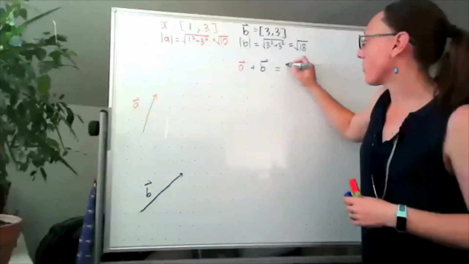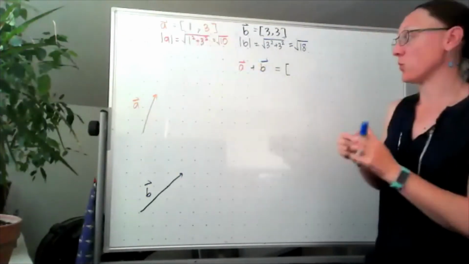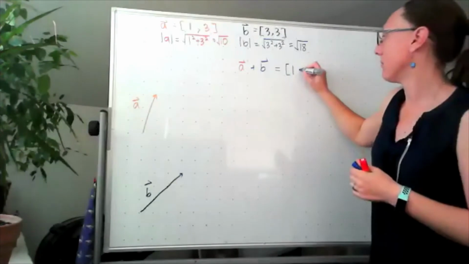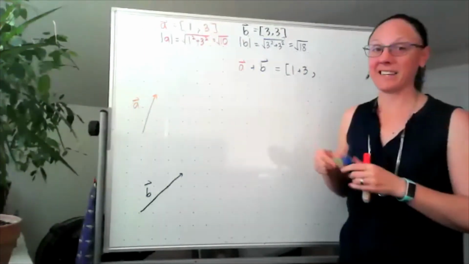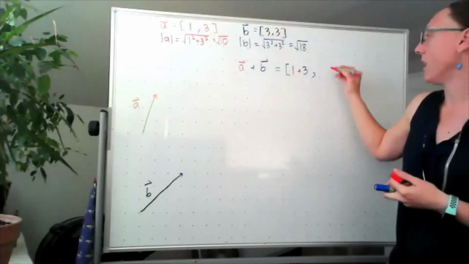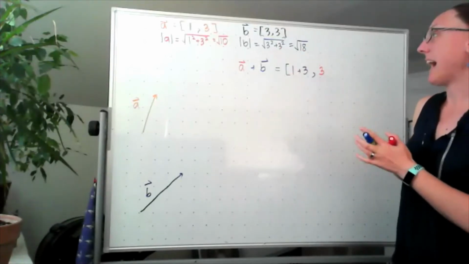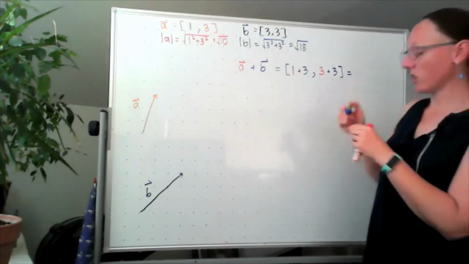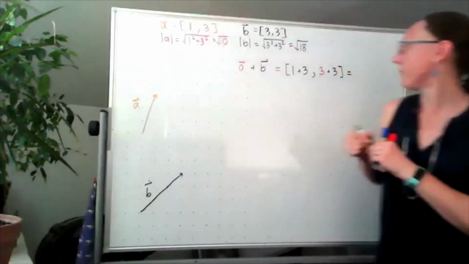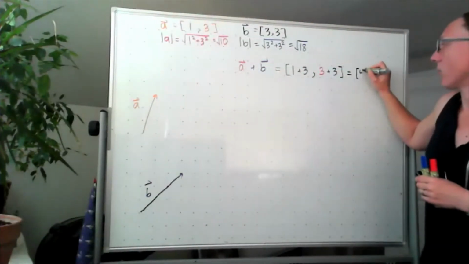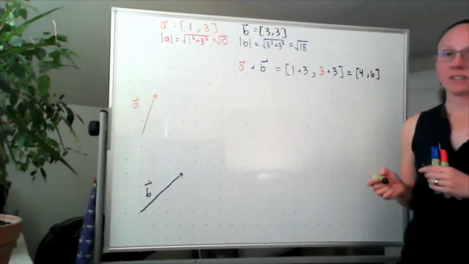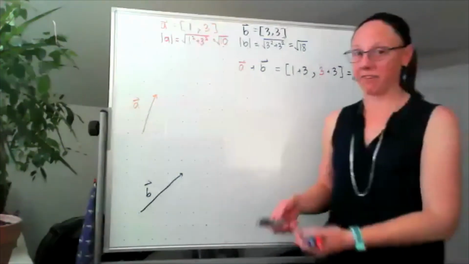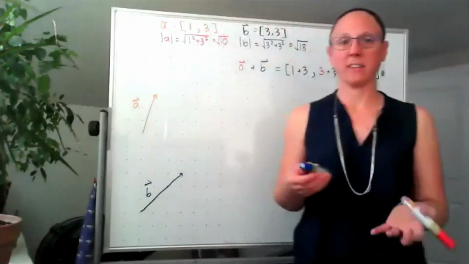So I take the x component for A, which is 1, and I add that to the x component for B, comma, I take the y component for A, which is 3, and add that to the y component for B, which is also 3, and I get this new vector, the vector 4, 6.